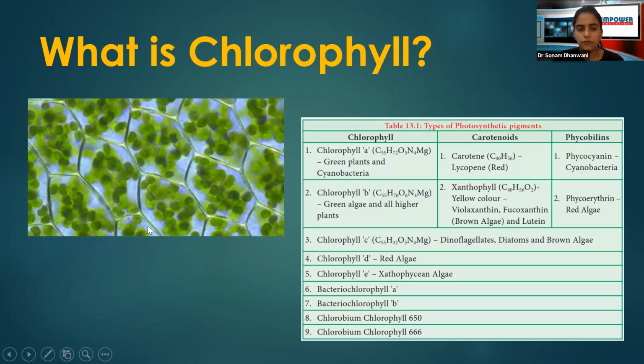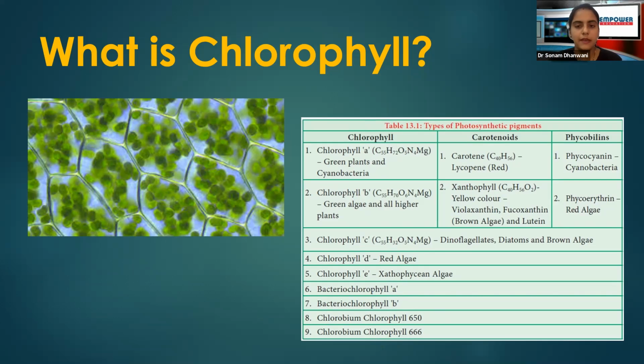Like I told you, this chlorophyll is present in these mesophyll cells, and there are these types of chlorophylls, they are actually types of photosynthetic pigments, but chlorophyll के बहुत सारे types है. There are 9 types of chlorophyll, that is A, B, C, D, E. Then bacteriochlorophyll A, B, then chlorobium chlorophyll 650, 666. So you just need to know that there are 9 types of photosynthetic pigments.